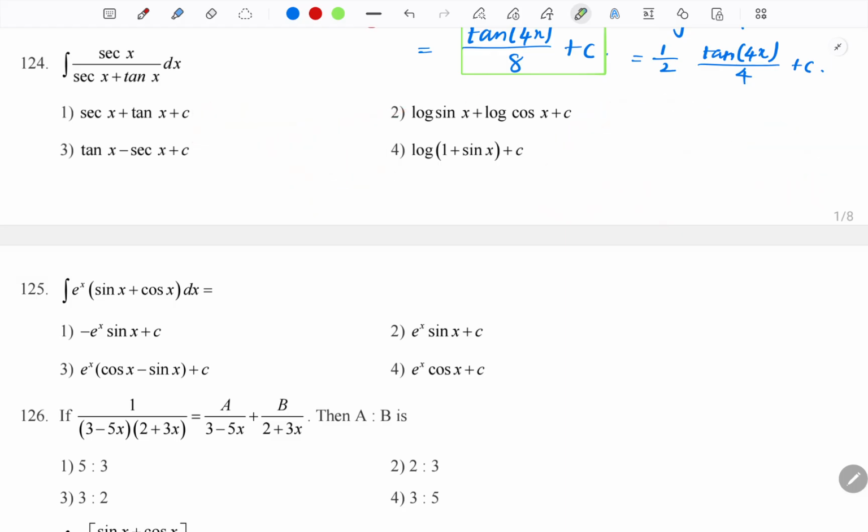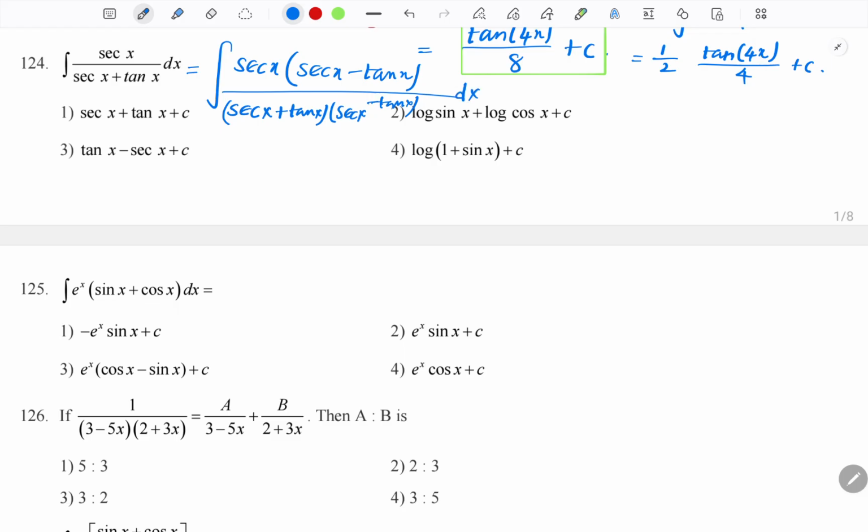If I take rationalization here, then the numerator becomes secant x minus tan x by secant x plus tan x into secant x minus tan x into dx.